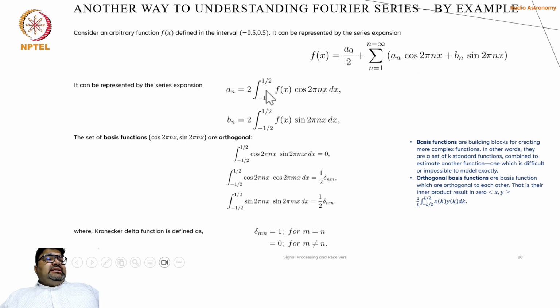In this particular case, a n and b n can be represented in terms of the function f of x, in a similar way to how we evaluated the Fourier components in the previous example. The set of basis functions cosine 2 pi n x and sine 2 pi n x are actually orthogonal. So we have an orthogonality relationship given by the Kronecker delta: delta mn equals 1 when m is equal to n, and 0 when m is not equal to n.